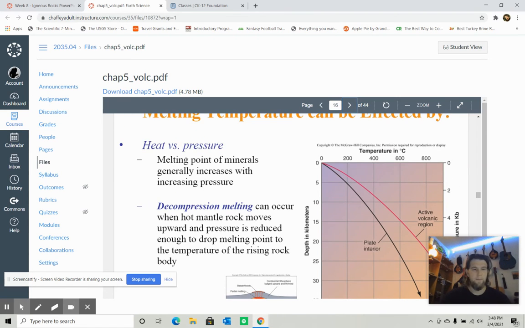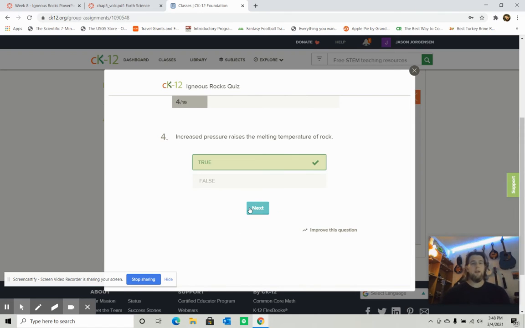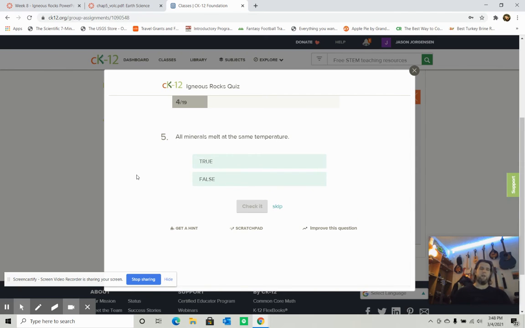And then also the melting point of minerals increases with increasing pressure. So increasing pressure increases the melting temperature of the rock? Absolutely, because with more pressure, it won't melt as quickly, and we need to raise the temperature in order to do that. So let's see if we're right. Yay, already 4 out of 19 correct. We are cruising towards perfection.